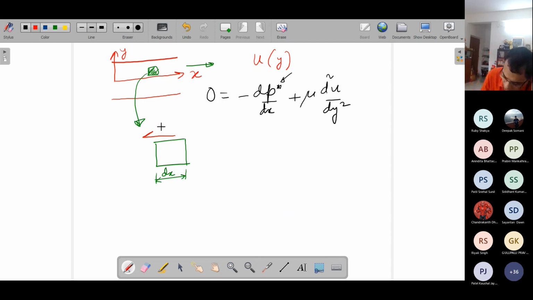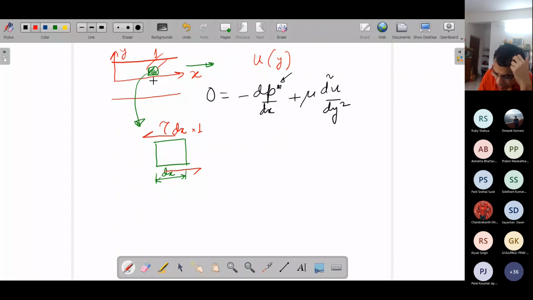So this is, you can say, tau is the local shear stress. Tau into dx into, say, 1 is the width of the element. So this is 1. Now, if that be the case, then the resultant drag here, see, if you consider this fluid element, the fluid on the top of it is slower than this, and because that is closer to the wall, that will try to resist its motion.